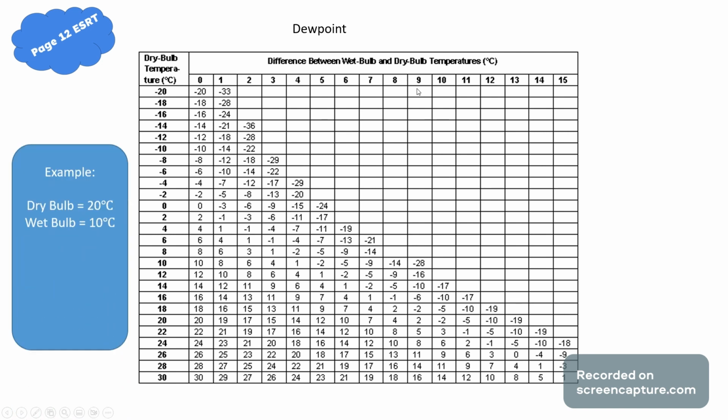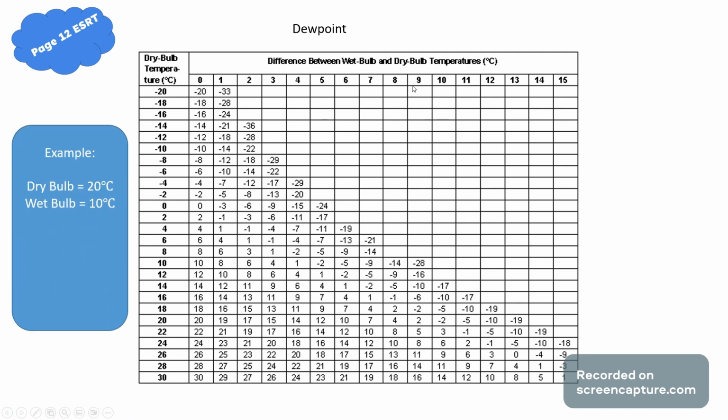So an example here to use this chart, say we had a 20 degrees Celsius dry bulb and a 10 degrees Celsius wet bulb. We would calculate our difference to be 10 degrees Celsius. You would find your 20-degree dry bulb column on the left-hand side. So our answer for our dew point is somewhere across this line.